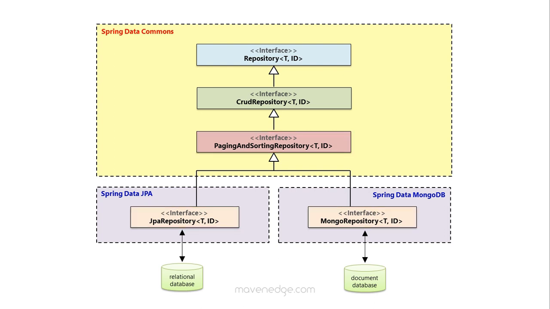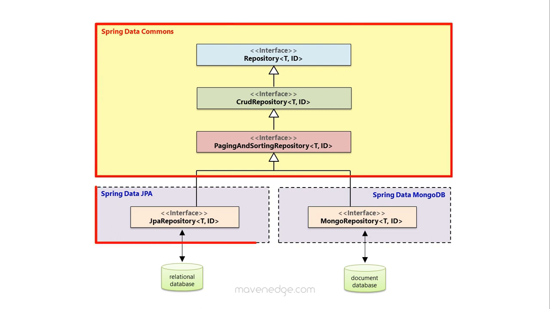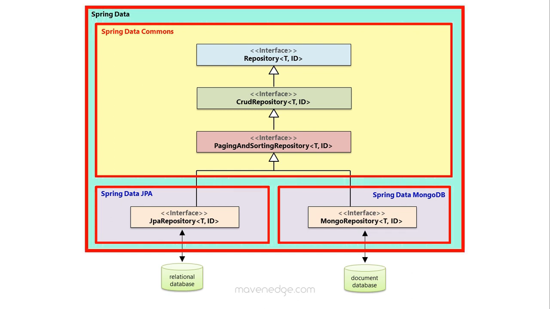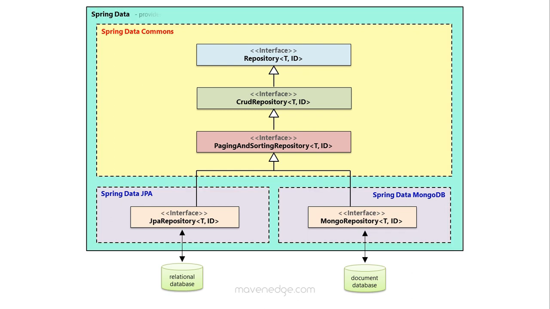The thing is that all the three projects here, the Spring Data Commons, the Spring Data JPA, and the Spring Data MongoDB, they all are the sub-projects of a larger umbrella project called Spring Data, whose main purpose is to provide a consistent data access programming model to all the relational and non-relational data stores while still retaining their special traits.